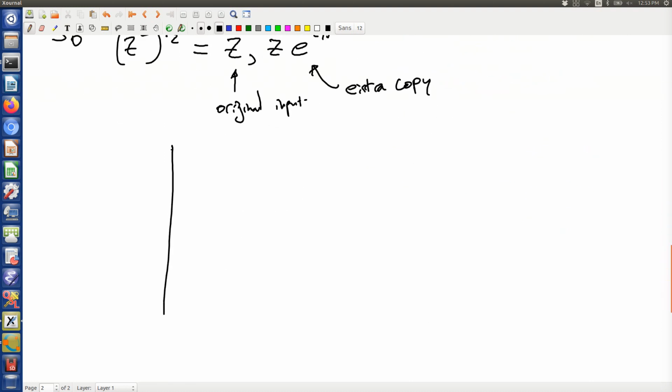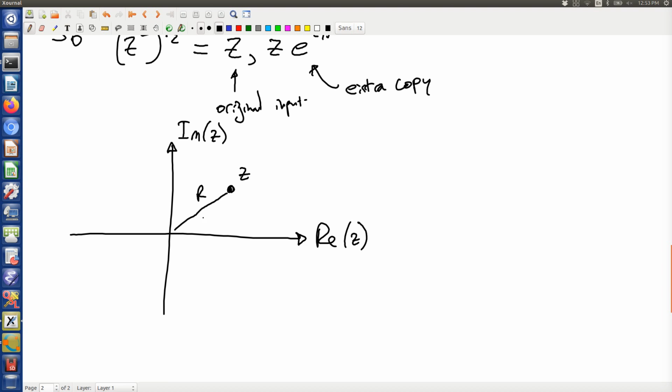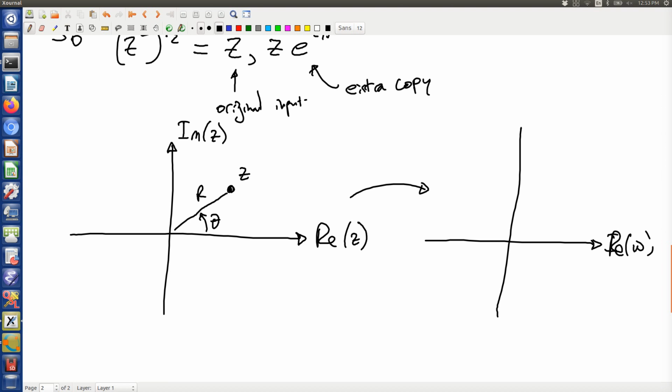Graphically, this is the real part of z. This is the imaginary part of z. If I start out with a point z here that has r and theta, if I map it over to the real part of w, imaginary part of w, we'll get a point where the theta's been doubled.